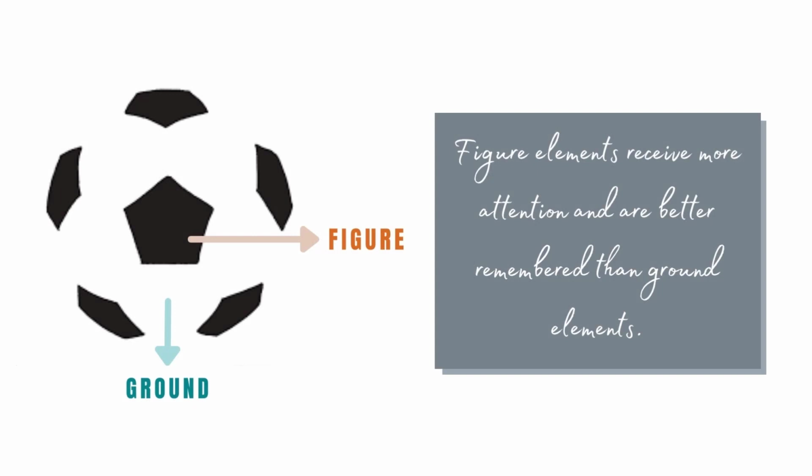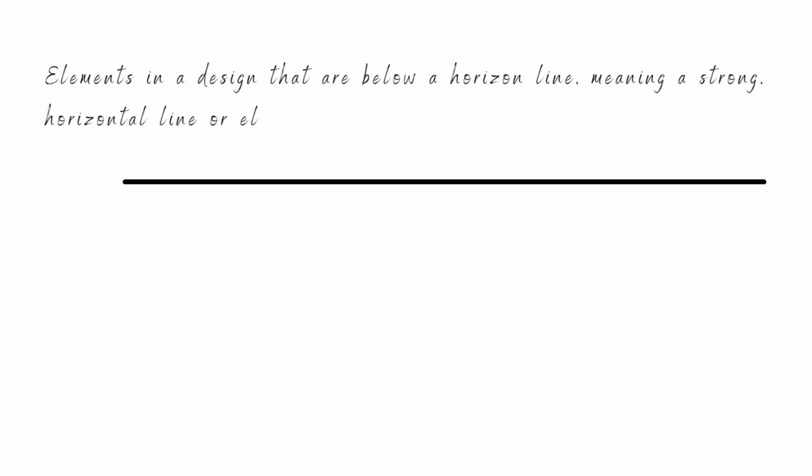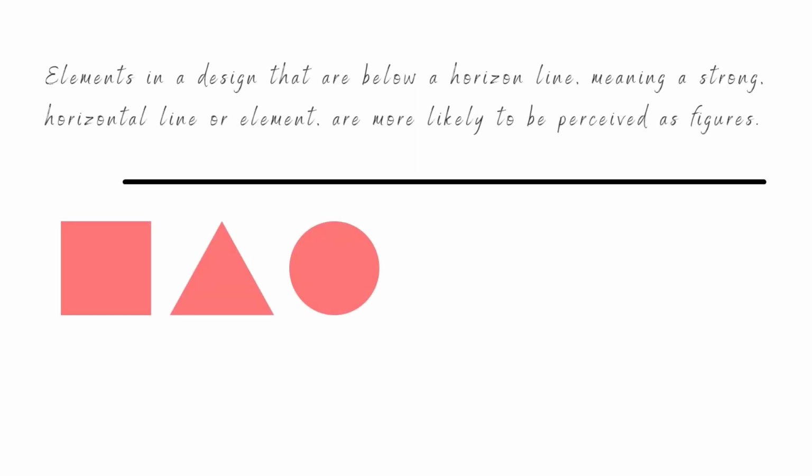Figure elements receive more attention and are better remembered than ground elements. When figures are clearly established in design, the design is more efficiently processed and recalled. For example, it turns out the elements in a design that are below a horizon line, meaning a strong horizontal line or element, are more likely to be perceived as figures.